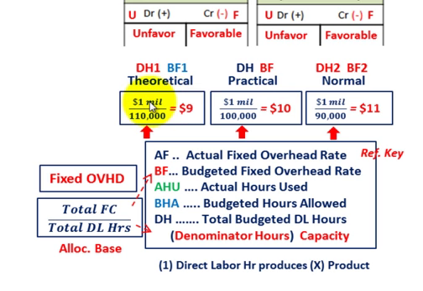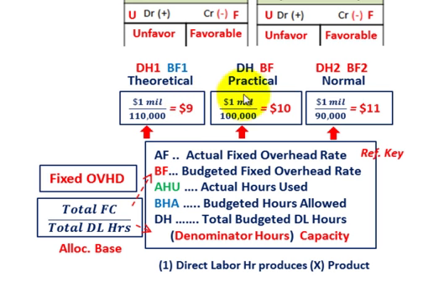So for determining that fixed overhead rate, say for example we have $1 million in fixed overhead for the period, and for our theoretical amount we can produce 110,000 direct labor hours. That divided into the $1 million fixed overhead gives us $9 per direct labor hour that we allocate our fixed overhead on.